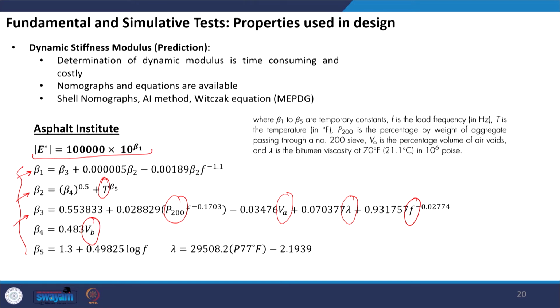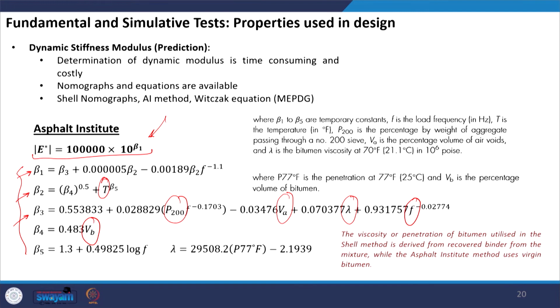So these are the factors which affect all these constants, and they can be calculated and input in this particular equation to calculate the dynamic stiffness modulus. Alright. So I hope this is clear to you.